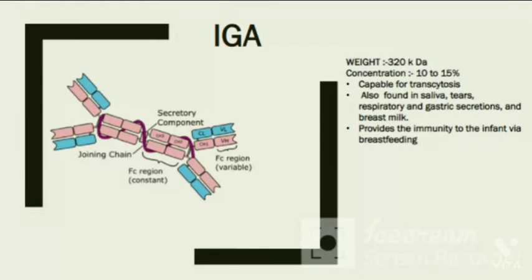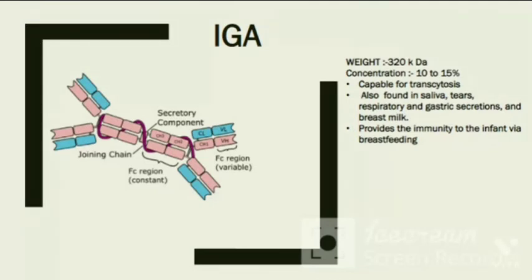This IgA antibody is also found in saliva, tears, gastric secretion and breast milk. In breast milk, IgA helps to fight infection in the infant, as the infant takes this milk from the mother. This milk develops a different kind of immunological response inside the baby's body, and this antibody kills different viruses and bacteria present in the gastrointestinal and respiratory tracts as well.